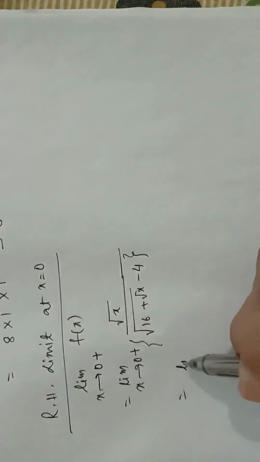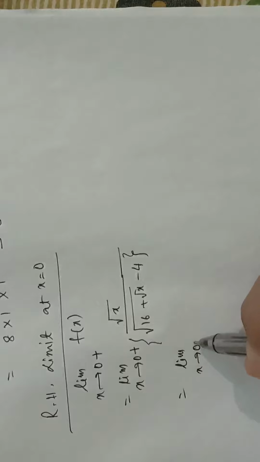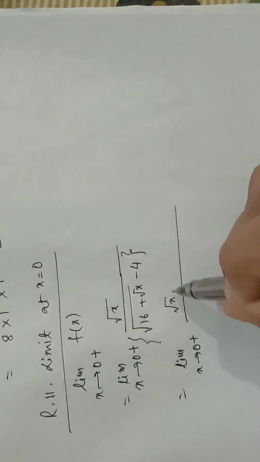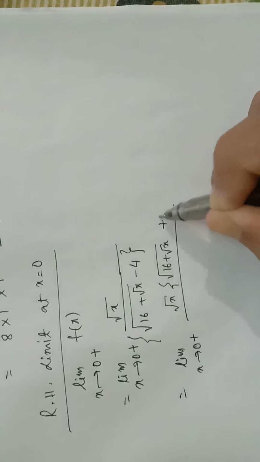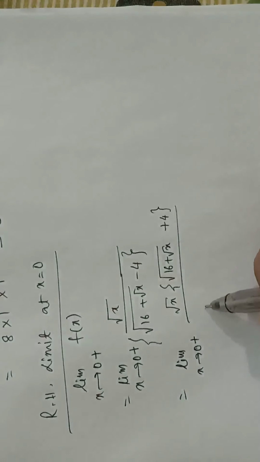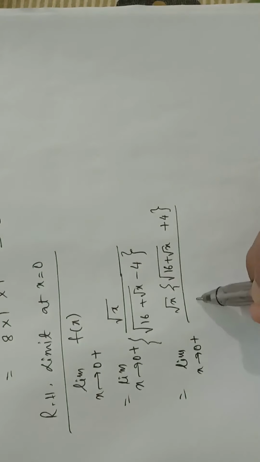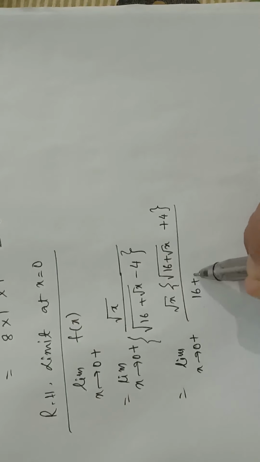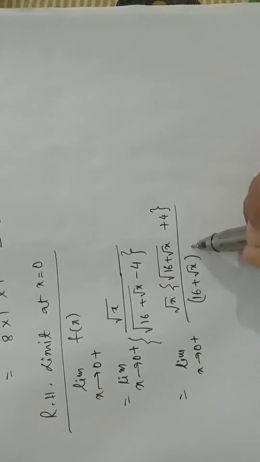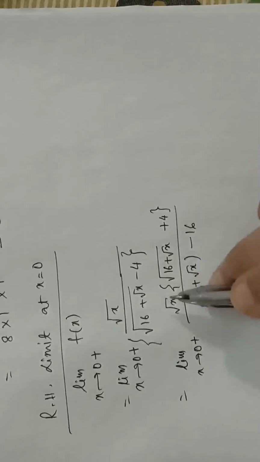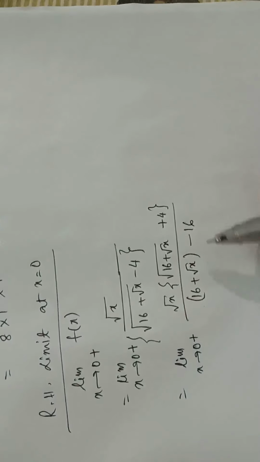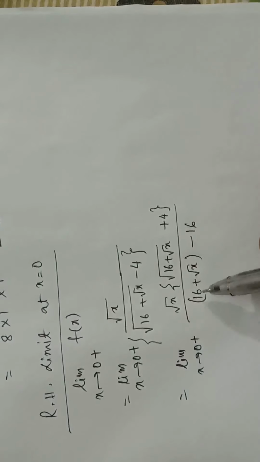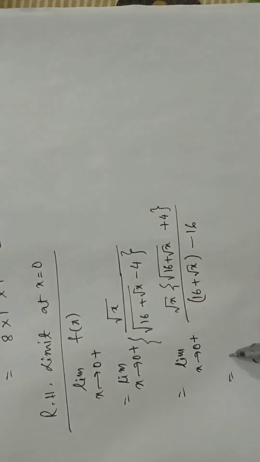To find this limit, we have to rationalize. We have to multiply numerator and denominator by root over 16 plus root x plus 4. The denominator will be 16 plus root x minus 16, since if you rationalize, the root sign will be removed. 16 and 16 will get cancelled, root x will get cancelled.